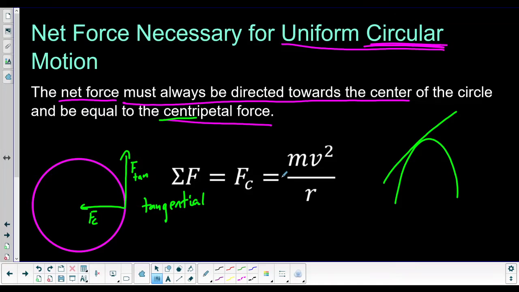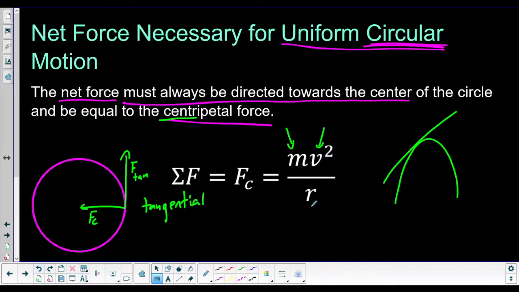And there's a special equation for how big that force needs to be. So if we have some object going in a circle, we take its mass multiplied by its speed squared, or velocity squared, the number. We don't really care about the direction because we're squaring, and that kind of gets rid of the direction anyway.